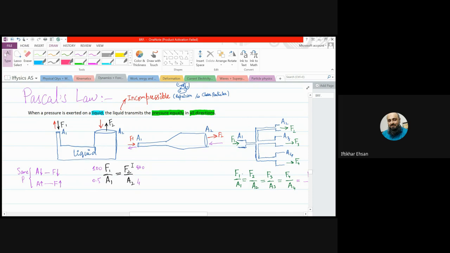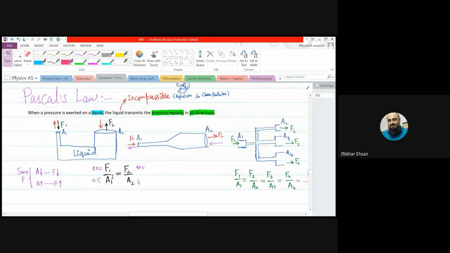That is going to be 800. It means the larger area side will always have the larger force. The smaller area side will have the smaller force, but the pressure will be the same on both sides, right?